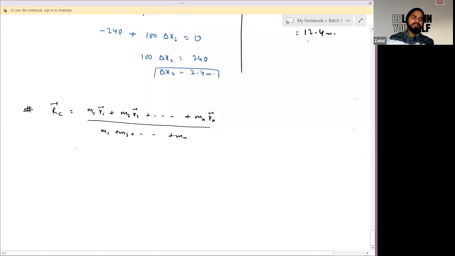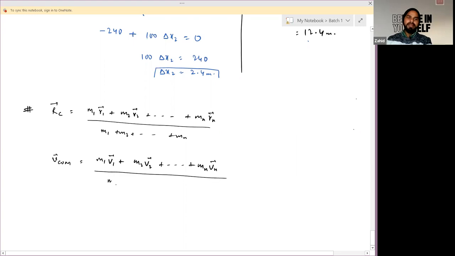Now, if you differentiate it, you will get velocity. So velocity of center of mass will be M1 V1 plus M2 V2 plus so on to Mn Vn whole divided by M1 plus M2 plus so on to Mn.